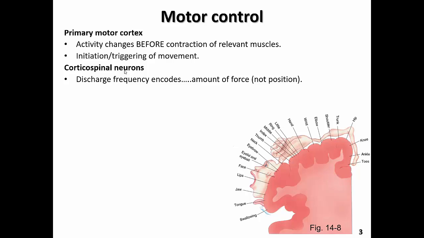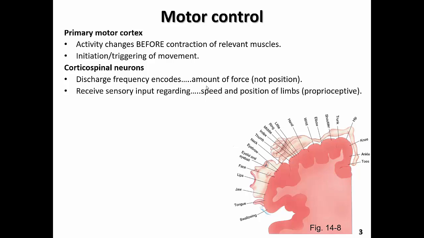So when we think about corticospinal neuron activation, think about these neurons having a direct effect in producing force. But if the conscious intention is to produce a position, we have to influence the force of the muscles in order to achieve those positions. And the corticospinal neurons do receive input from sensory information as well.